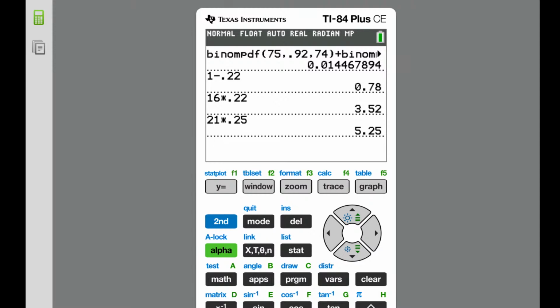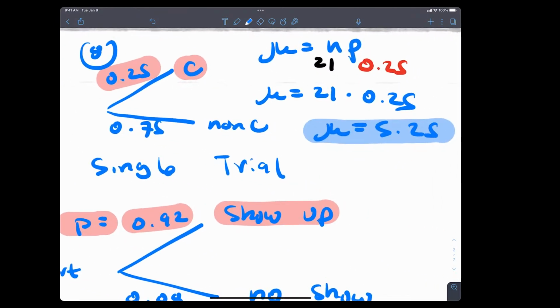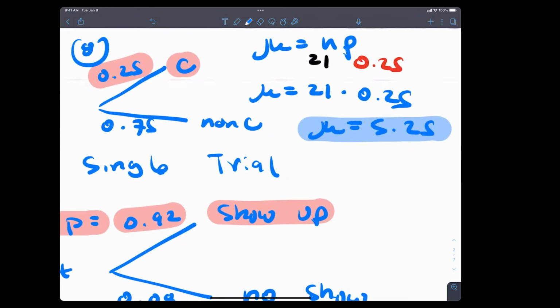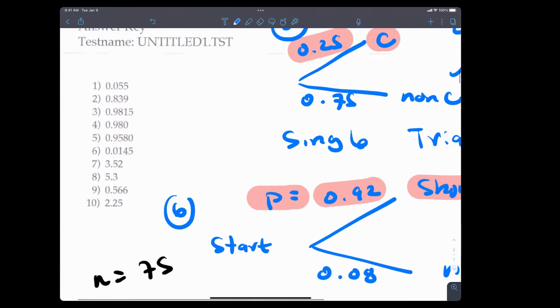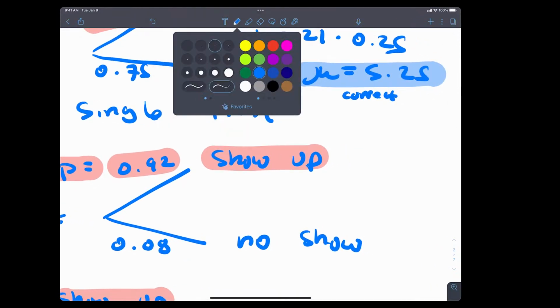So if we guessed on all 21 questions for multiple choice, 5.25, ladies and gentlemen, is going to be correct. This is the expected value or the mean. Now, this is for question number 8. So question 8, sure enough, 5.25, they approximated that to the tenths here.